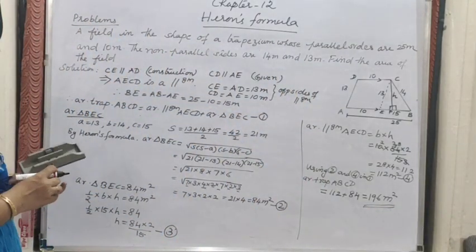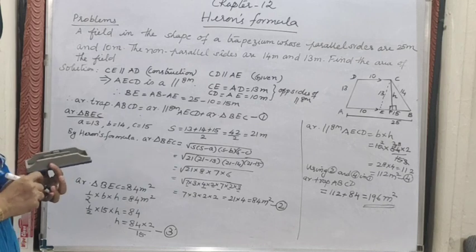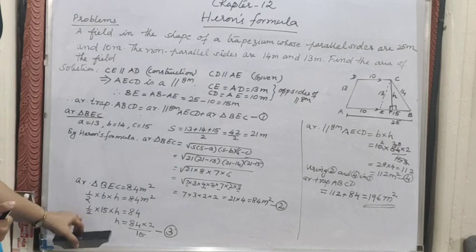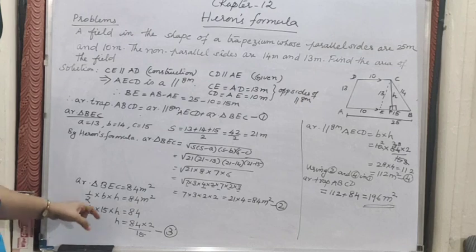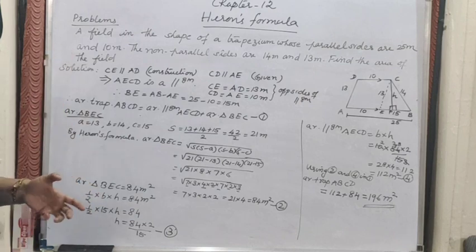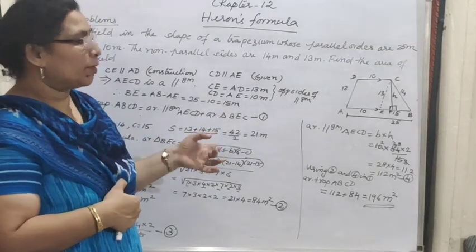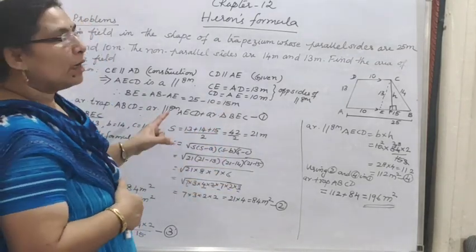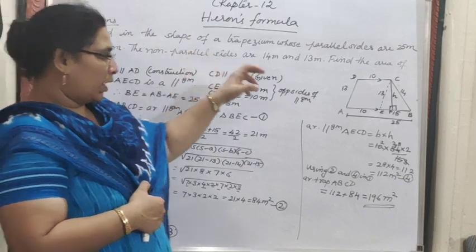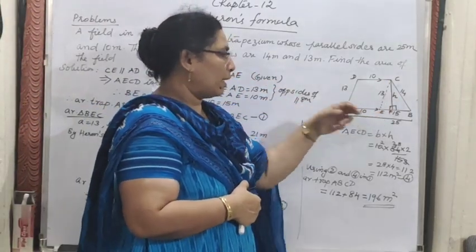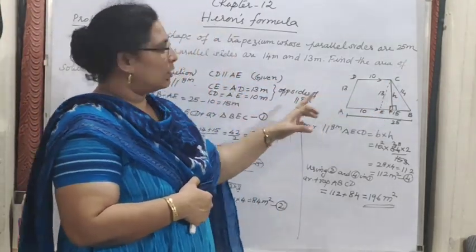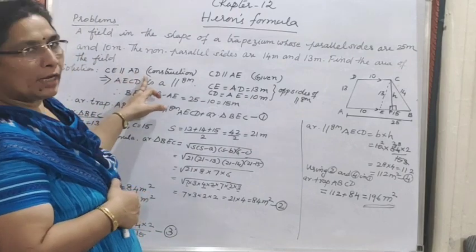So I repeat once again, what is that one? A trapezium is given. So for finding the area of the trapezium, not like a quadrilateral, where we join the diagonal and finish. What we should do, we have to divide it into two parts. One should be a parallelogram, another one should be a triangle. For making the parallelogram, we have to draw a line CE parallel to AD.